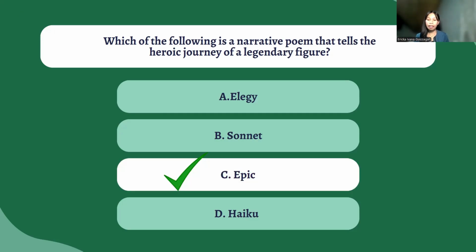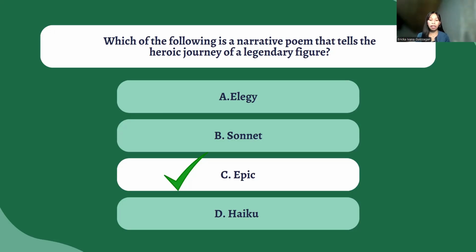Okay, so the correct answer is letter C, because epic is a long narrative poem about heroic deeds and events of cultural significance, or it tells the heroic journey of a legendary figure. Letter A, elegy, is incorrect because it is a mourning poem, like giving a grieving poem to a person who died.